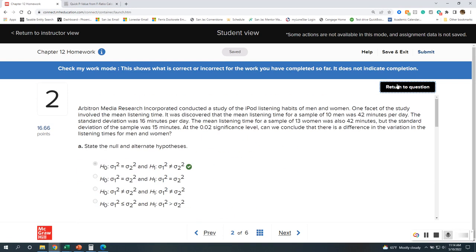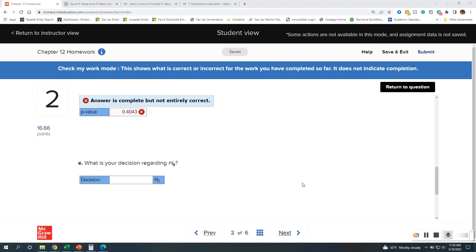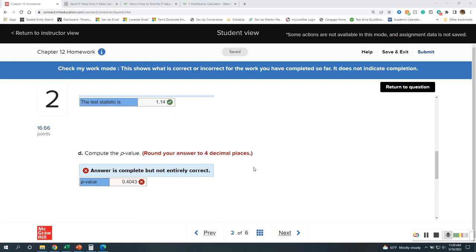Curious. Seems like this calculator is not calculating the p-value correctly. Okay guys, seems like our p-value calculator is not working for me.